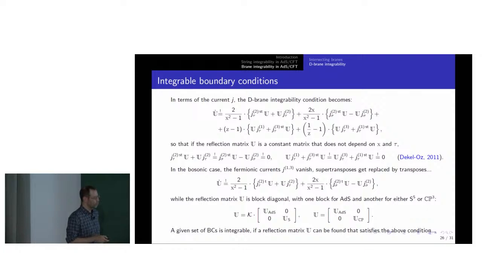So let me rephrase it if I understood correctly. You have these J sigmas here, which contain derivatives with respect to sigma, of course. And the question is how I can make friends with this part, which only depends on the derivative of tau.